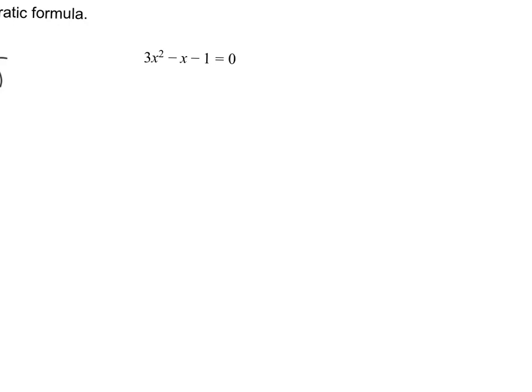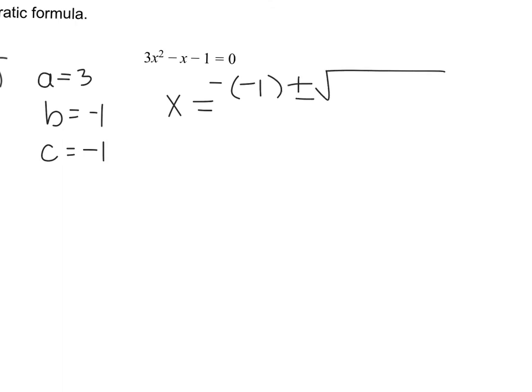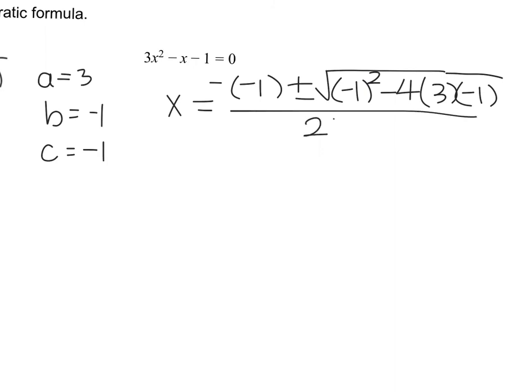Next we have 3x squared minus x minus 1 equals 0. So we're going to have a equals 3, b equals -1, and c equals -1. So plugging in, we get x equals -1 plus or minus the square root of -1 squared minus 4 times 3 times -1 all over 2 times 3.